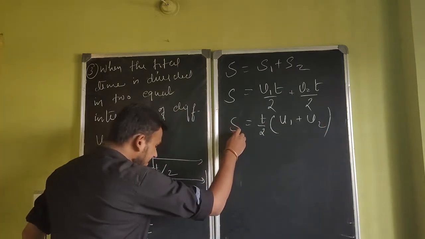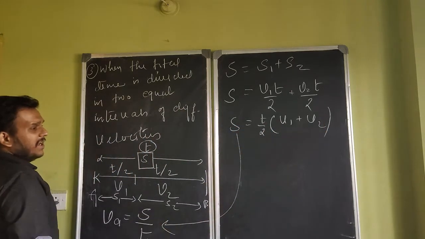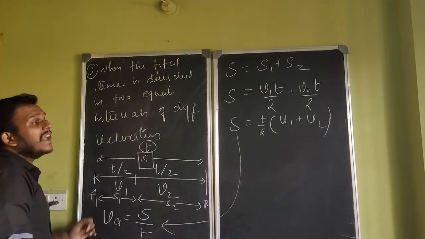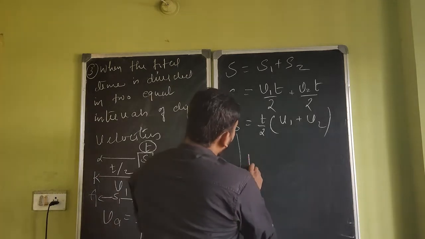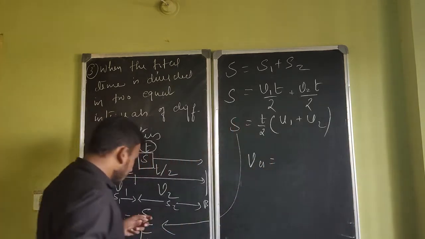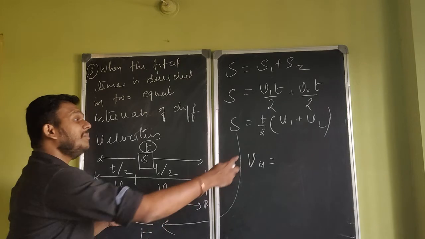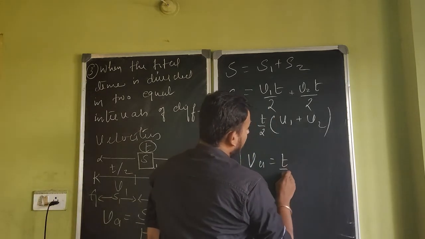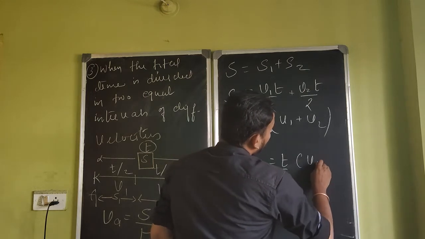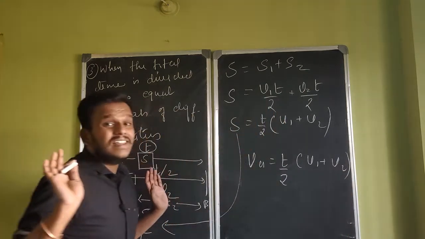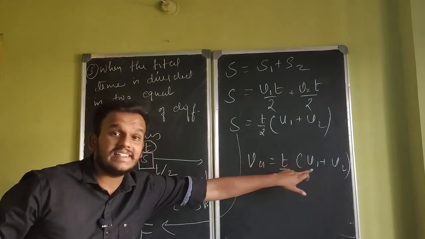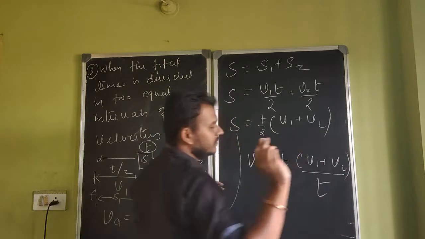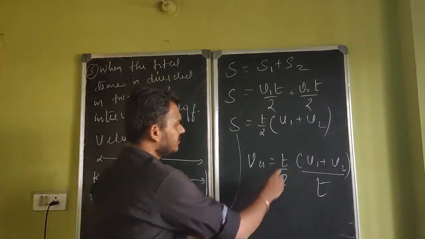I'll use this back in the very basic formula. Average velocity is total displacement by total time. I'll substitute it in that. So average velocity, which is total displacement by total time, and I've got my total displacement as T by 2 into V1 plus V2, divided by T. I think the T gets cancelled.